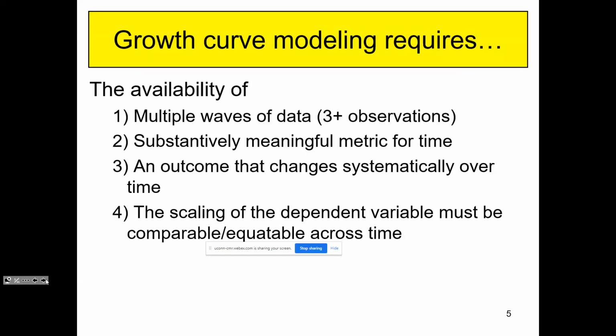So for those kinds of studies, unless you decide to become a psychometrician, somebody needs to scale that latent variable, basically come up with a vertical scale for that latent variable so that you have a score that is comparable or equatable across time.